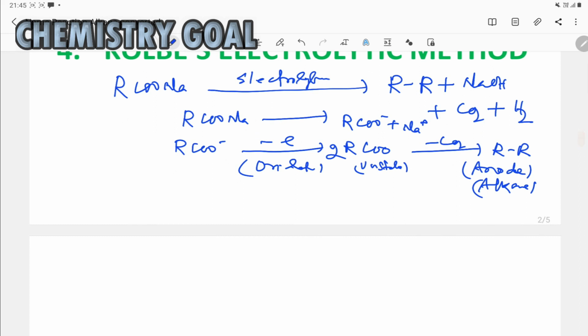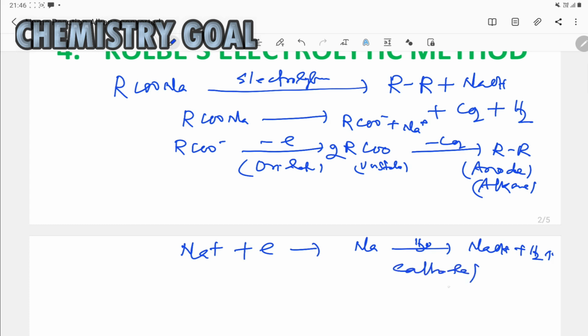Here the remaining Na+ combines with electron, that is addition of electron, reduction, produces Na. Then Na reacts with water forming NaOH and hydrogen gas. So this takes place at the cathode. This reaction takes place at the cathode.